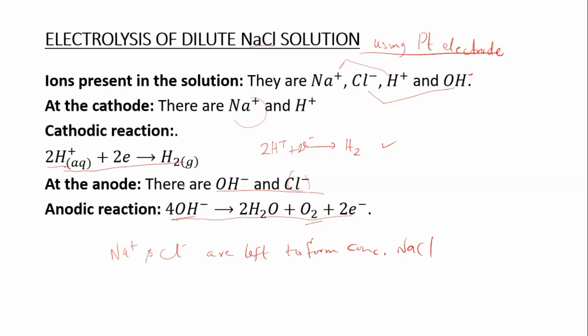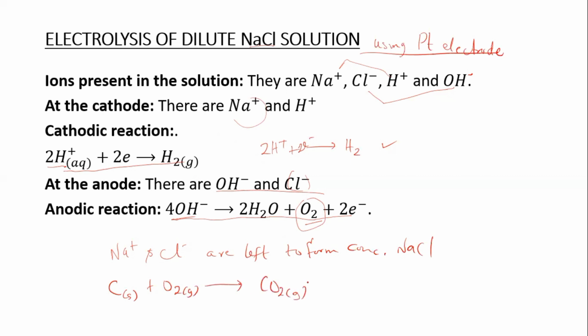Why is it that you can't use carbon electrode in the electrolysis of dilute sodium chloride? The reason is because oxygen is being given off at the anode. If you use carbon electrode, which is graphite electrode, as your anode, then the oxygen is going to burn the carbon. When carbon, which is graphite, reacts with oxygen, it gives CO2.